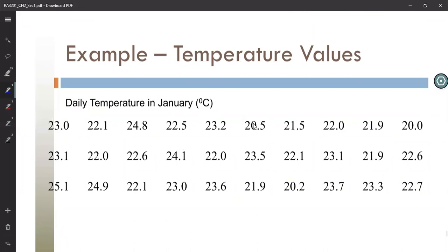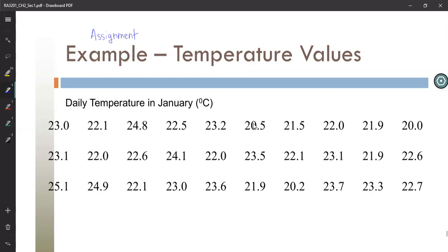So as an assignment, what you have to do is, since this is only 30 observations, you can easily prepare the dot plot, the stem and leaf plot, and also a histogram.